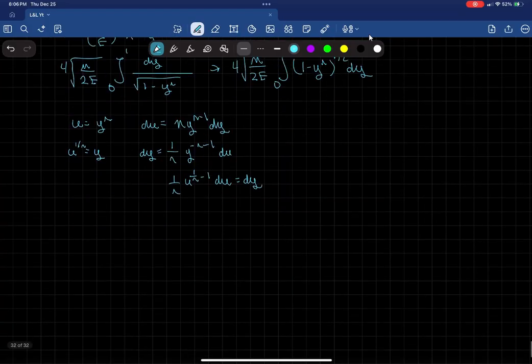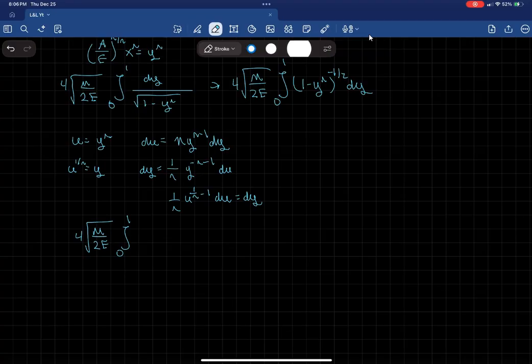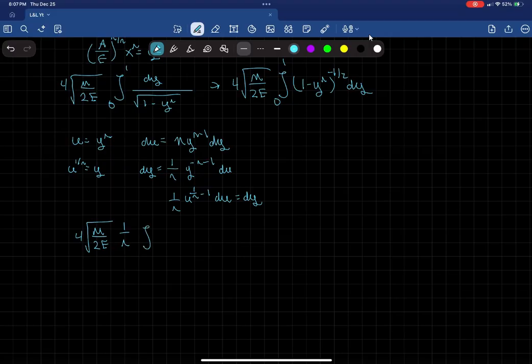And now I can fully replace this back into my integrand. So I have 4 times the square root of m over 2E, and I should also factor out my 1 over n, integral from 0 to 1 of u to the 1 over n minus 1 times 1 minus u to the minus 1/2, which was our previous term, du.